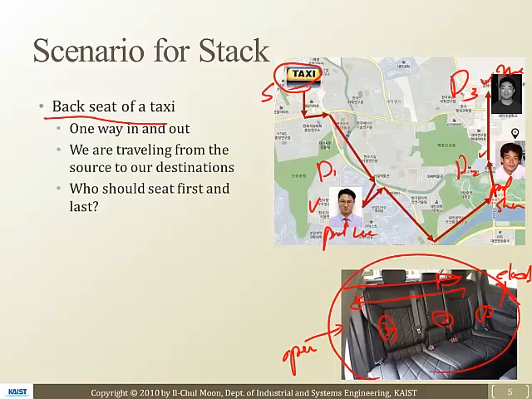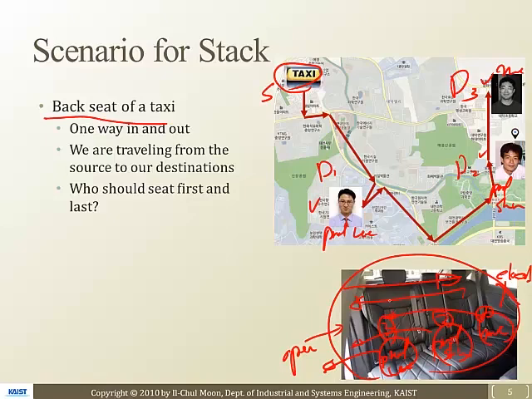Of course, if you are smart, this is where I should sit, and this is where Prof. Shin should sit, and this is where Prof. Lee is going to sit, because Prof. Lee is going to be the first one who takes the cab, and Prof. Shin is going to be the next one, and I'm going to be the last one, right?